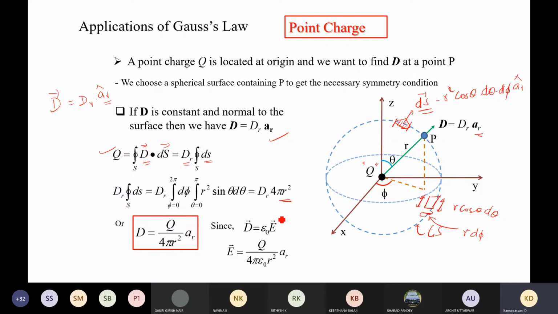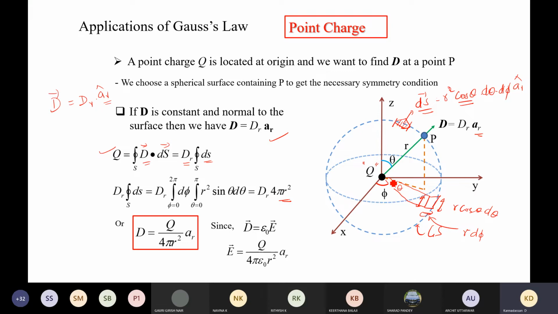ds will give sine theta r square. So this is theta, then this is r square.